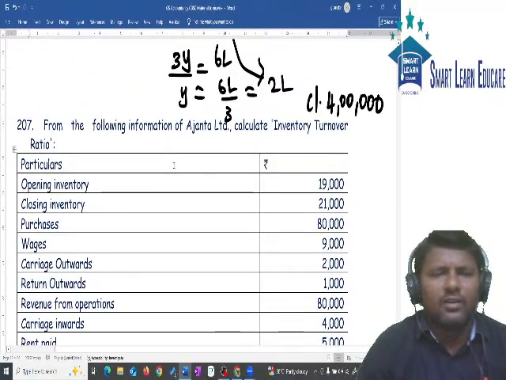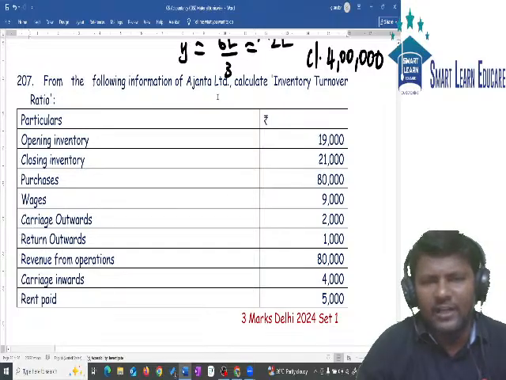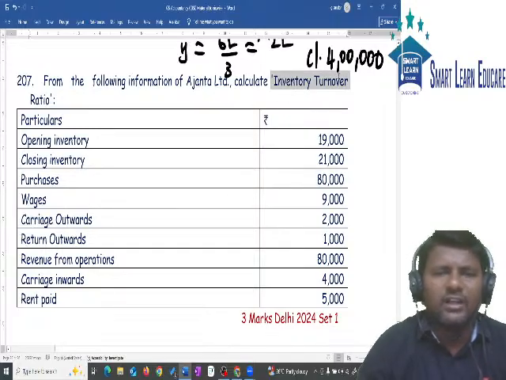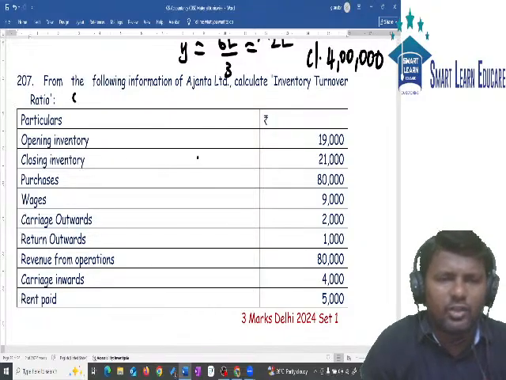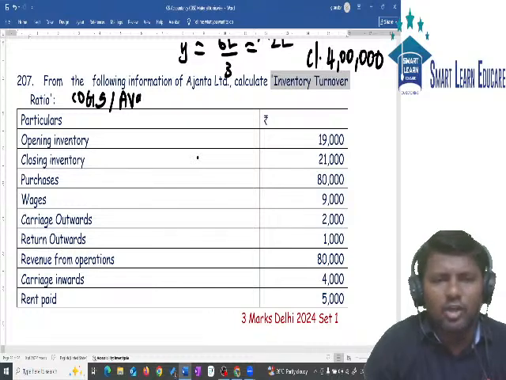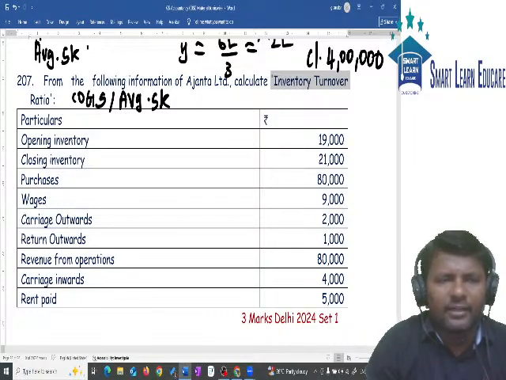Next question. From the following information of A Limited, calculate inventory turnover ratio. What is the formula for inventory turnover ratio? Cost of goods sold divided by average stock. Average stock is opening stock plus closing stock divided by 2.